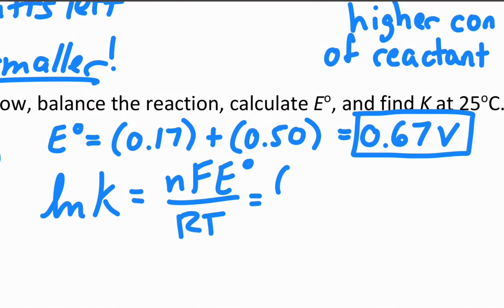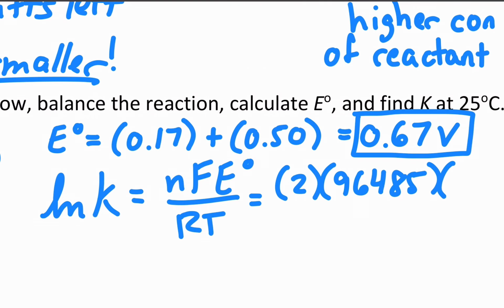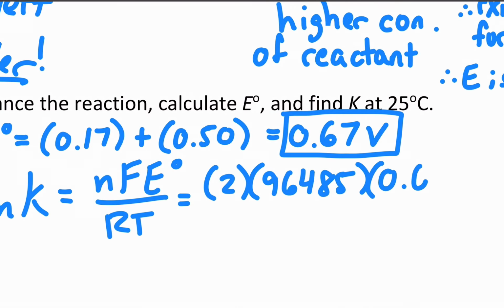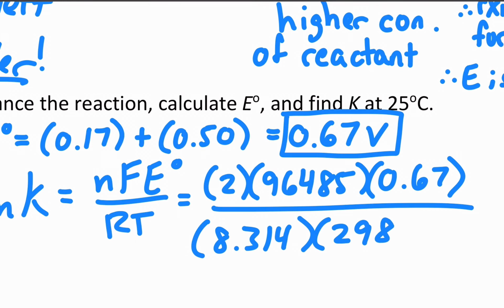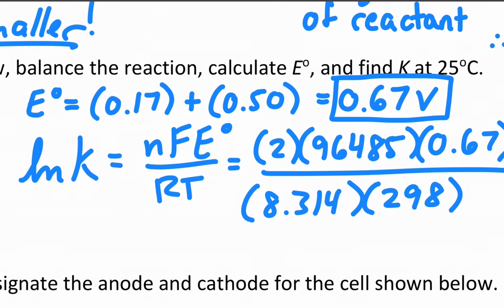In this case, n is 2. F is 96485. E we just got, 0.67. R is 8.314. And T is 298.